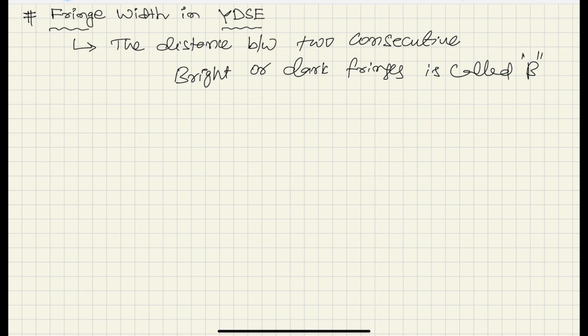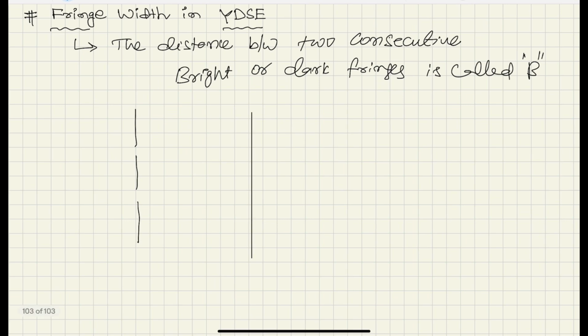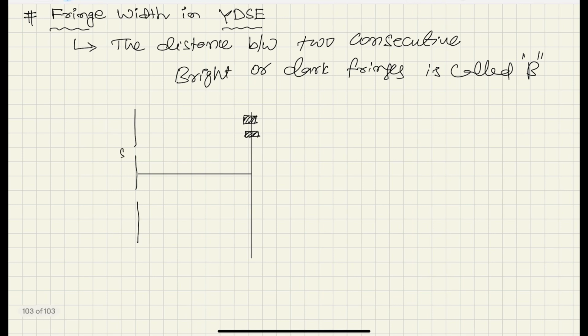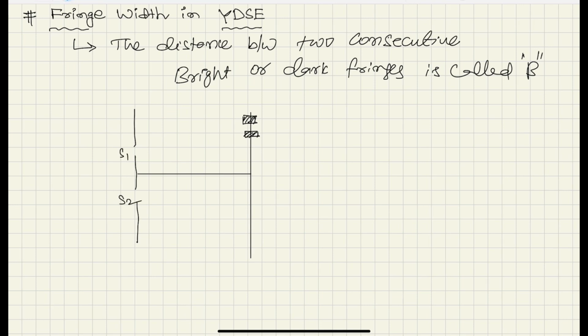So now, for example, this is the double slit experiment. Here is the screen, and this is the central maximum. Imagine there is some dark fringe, and next one more dark is here. This is S1 and next one is S2.